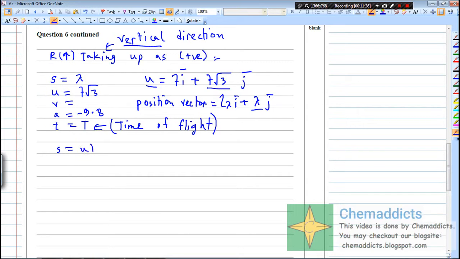S equals ut plus half at squared. Here the value of S is lambda, u is 7 root 3, the time of flight is t, and the acceleration is negative, so let us name it as minus g.